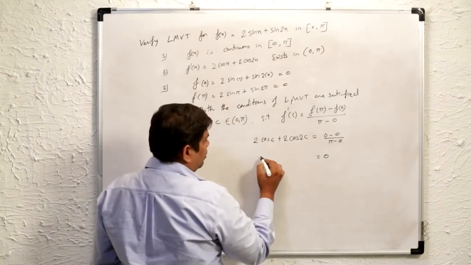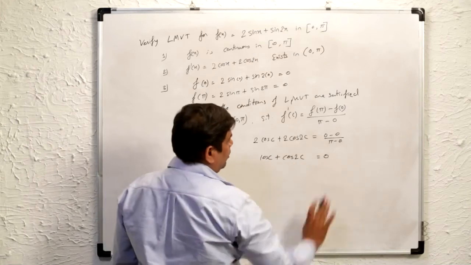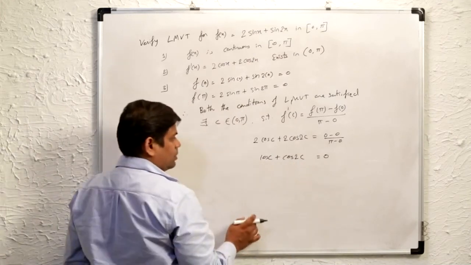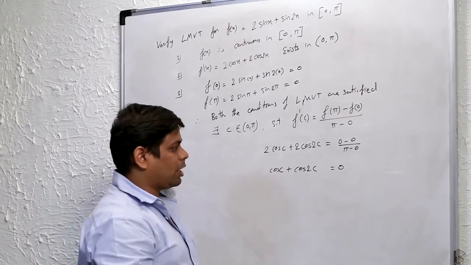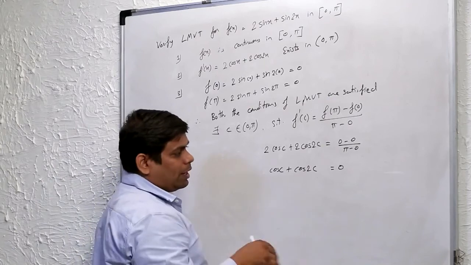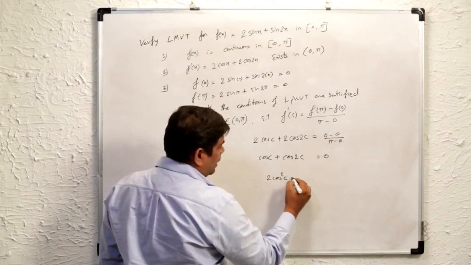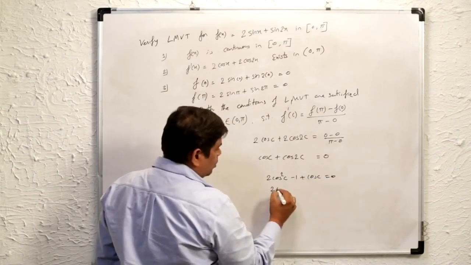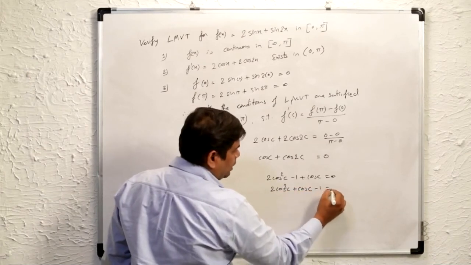So you are going to get cos C plus cos 2C is 0 finally. How are we going to solve this? Now something which you have learned in 11th standard, a topic called trigonometric equation. Cos 2C you are going to write as the formula 2 cos square C minus 1, plus cos C equal to 0. So 2 cos square C plus cos C minus 1 equal to 0.